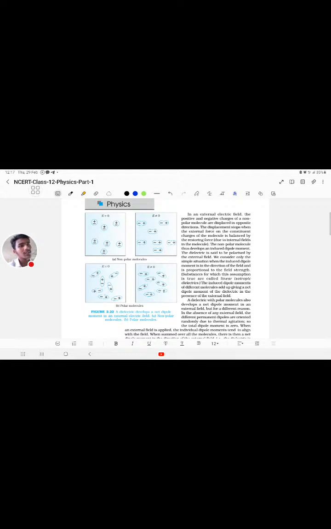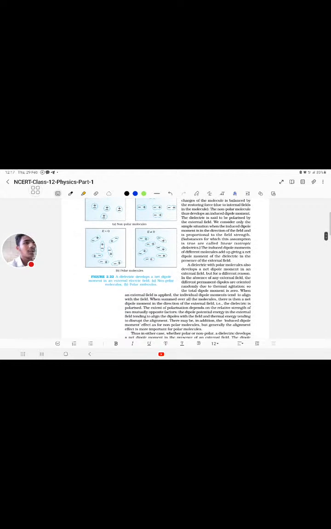Substances for which this assumption is true are called linear isotropic dielectrics. The induced dipole moments of different molecules add up, giving a net dipole moment of the dielectric in the presence of an external field.